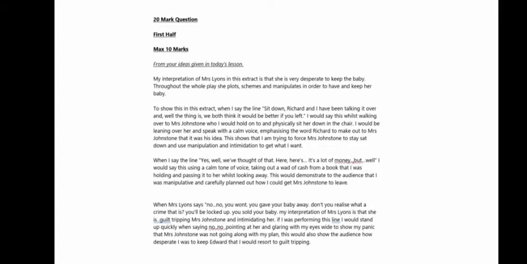My interpretation of Mrs. Lyons in this extract is that she's very desperate to keep the baby. Throughout the whole play, she plots, schemes and manipulates in order to have and keep the baby. To show this in this extract, when I say the line, "Sit down, Richard and I have been talking it over, and well, the thing is, we both think it would be better if you left," I would say this whilst walking over to Mrs. Johnston, who I would hold on to and physically sit her down in the chair.